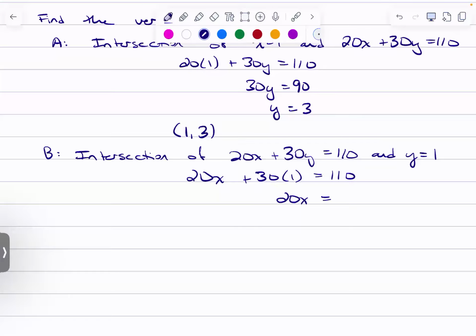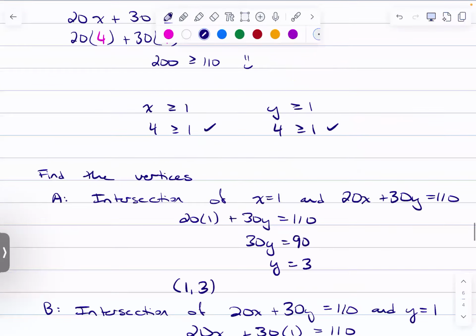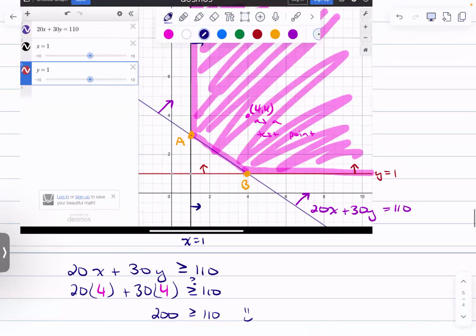I get 20x. I'm going to try to do this properly. 4, not 40. Good thing I was able to check with my graph. So the intersection should be at 4, 1. Good. Looks good.